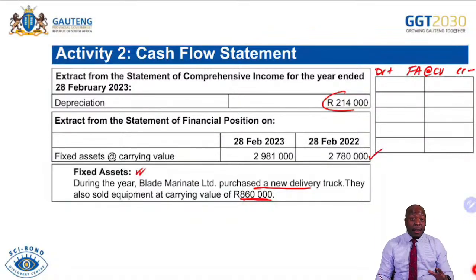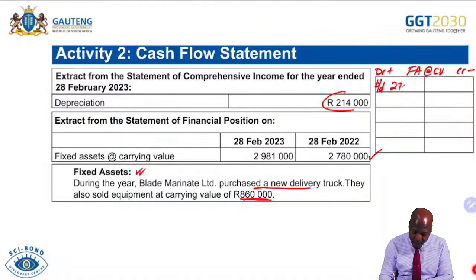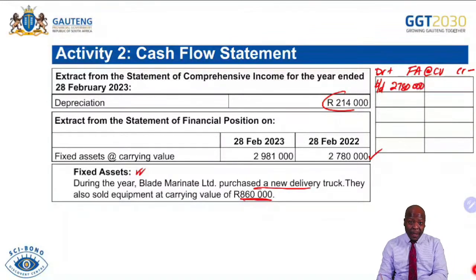This is the fixed assets balance at the beginning. Remember, we are taking them at carrying value. So I'm going to come here and say BD, I have my 2,780,000. These are the assets that we have at the beginning. We want to know, did we buy any asset? That is what we want to calculate.